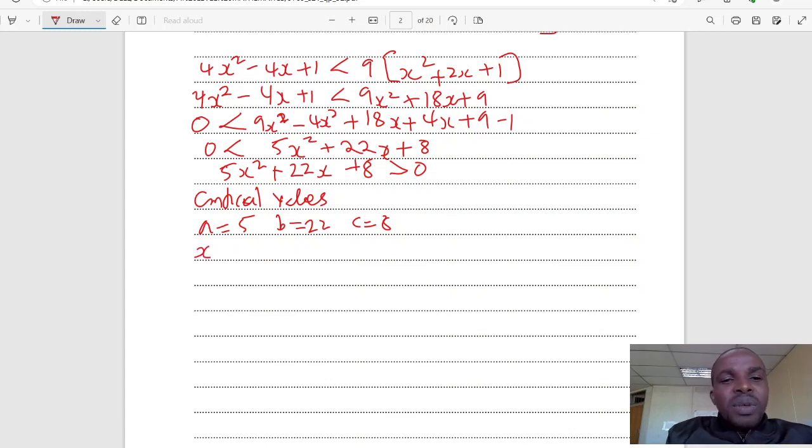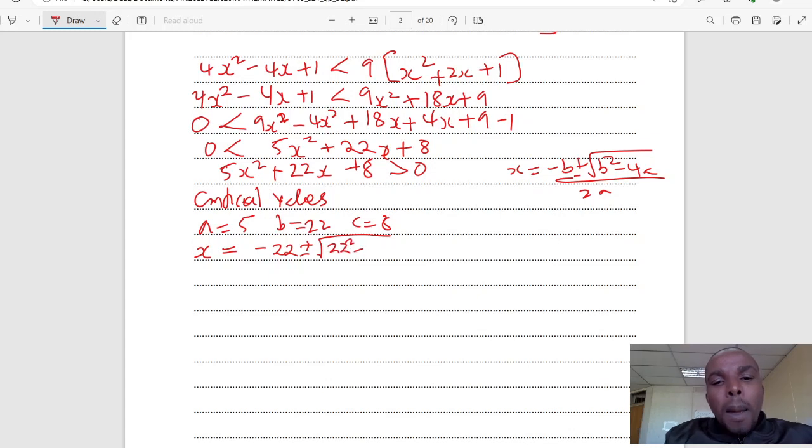The quadratic formula says x is equal to minus b plus or minus the square root of b squared minus 4ac, over 2a. Now b is 22, so it's minus 22 plus or minus the square root of 22 squared minus 4 times a, that's 5, times c, that's 8, over 2 times a, which is 2 times 5.